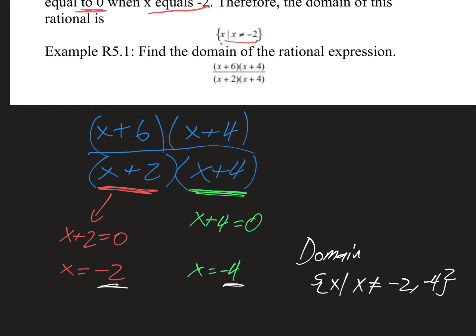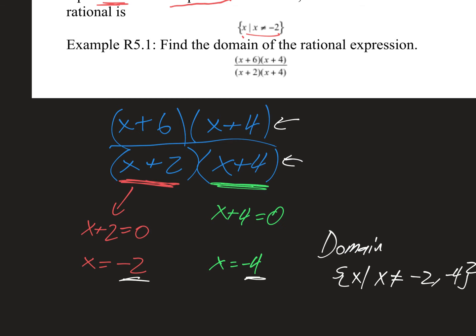So the domain is saying, hey, I know that if I plug in -2 or if I plug in -4, my denominator becomes 0, which means I need to remove those from the domain. Now, some people might mention that these two factors, x plus 4, will cancel each other out, but it's important for us to remember that we cannot cancel them and then take the domain, because that x plus 4 is still going to cause us to divide by 0, even though that factor is going to get canceled out.